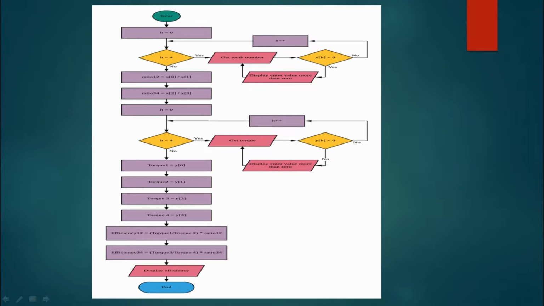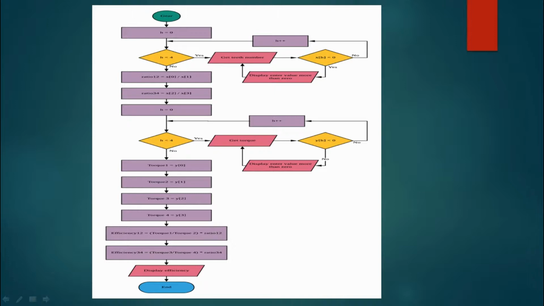Then it enters another condition: if the array is less than 0, if yes, it will display a message to enter a value more than 0 and get the teeth number again. If no, the condition will update, which is h++, and enter the condition again, h less than 4.